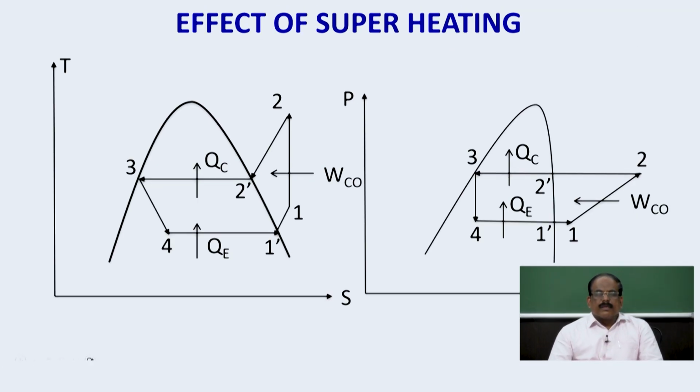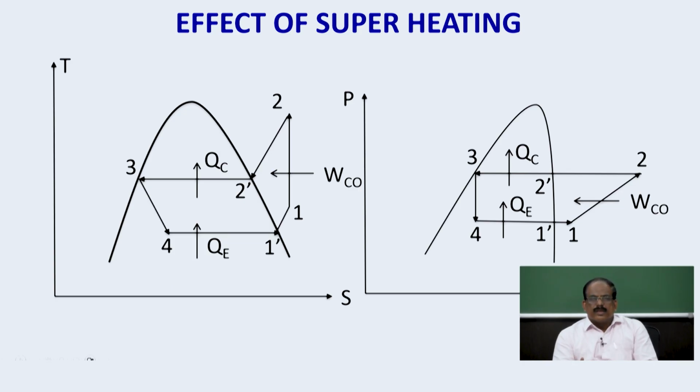Second one is superheating. What is the effect of superheating? The temperature of the low temperature heat source is normally at a higher temperature compared to the evaporating temperature of the refrigerant, in order to facilitate the heat transfer.